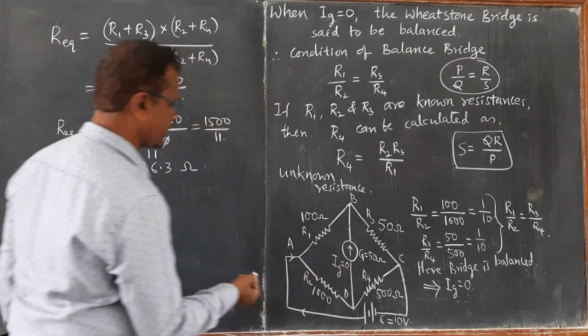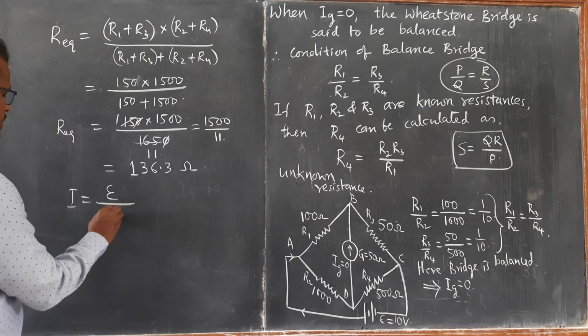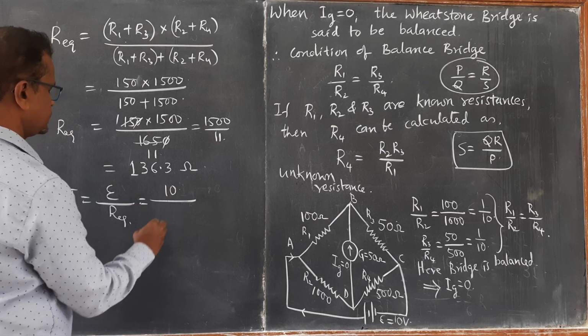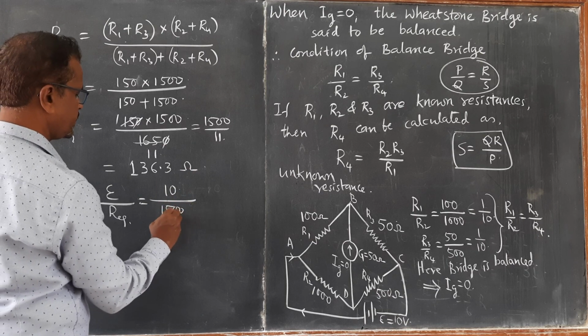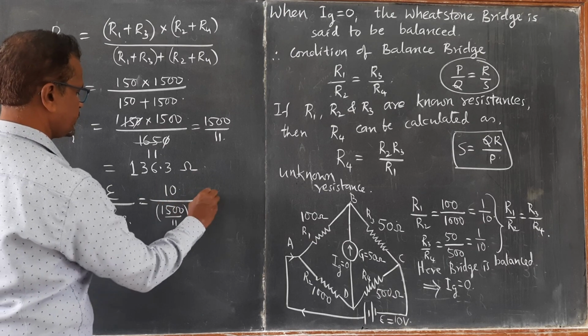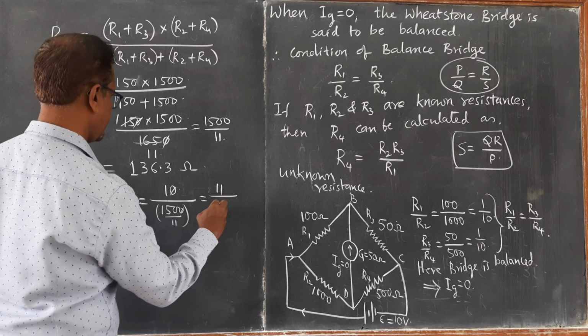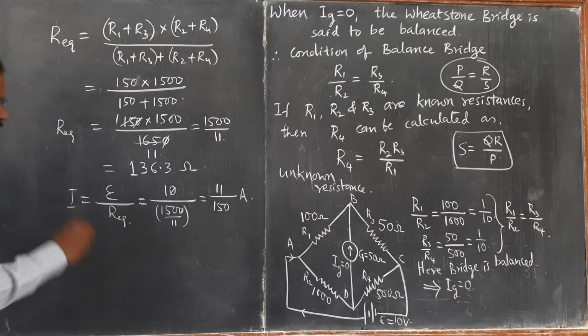The entire current can be calculated. I is equal to E by R equivalent. E is 10 and the R equivalent is 1500 divided by 11. So 11 comes to the numerator, 10 cancels. So 11 divided by 150 ampere. This is the current value.